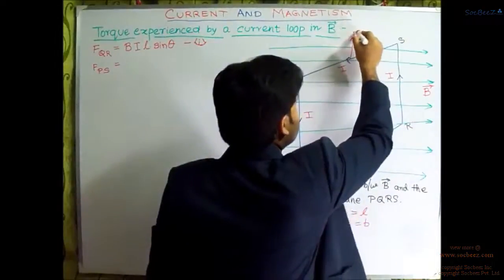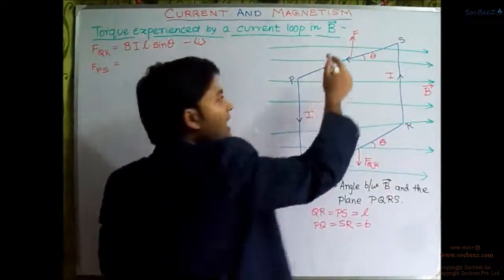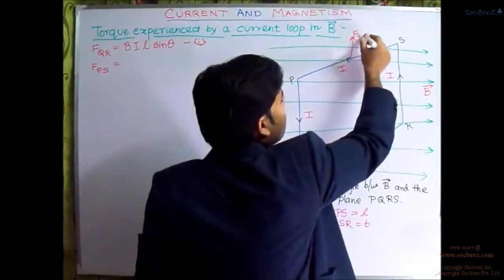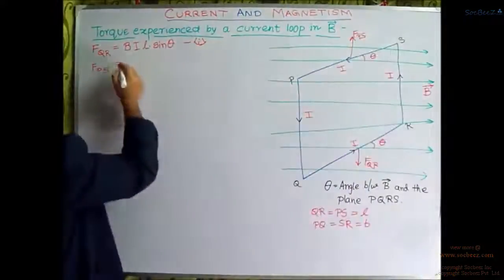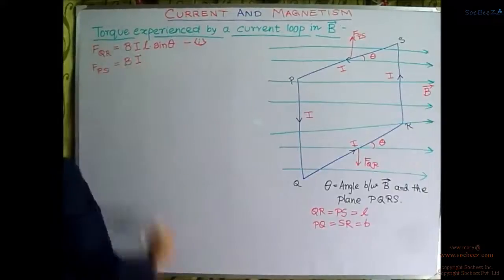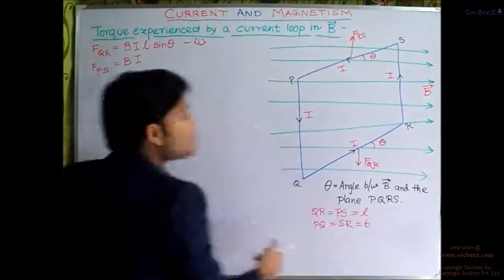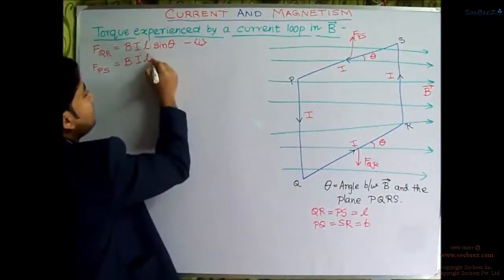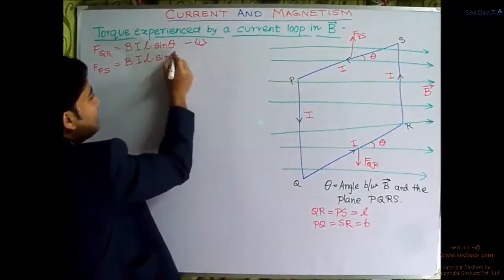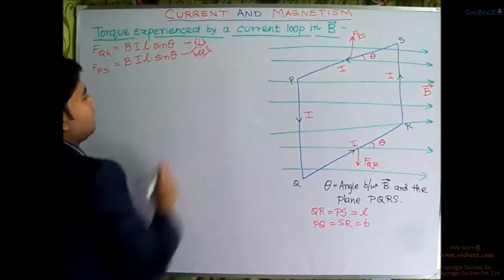This is the force experienced by PS, which is equal to B multiplied by I multiplied by the length of PS, which is simply L, multiplied by sine theta. Let us call this the second equation.